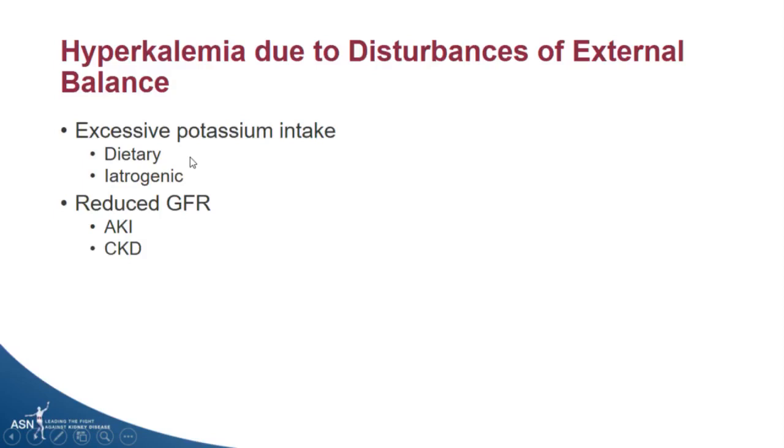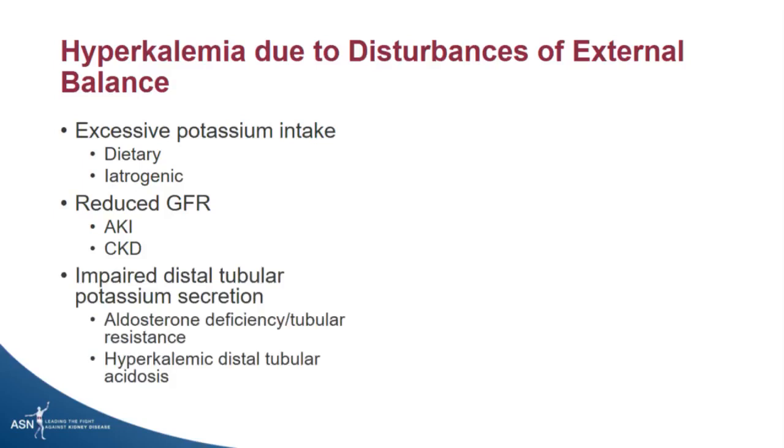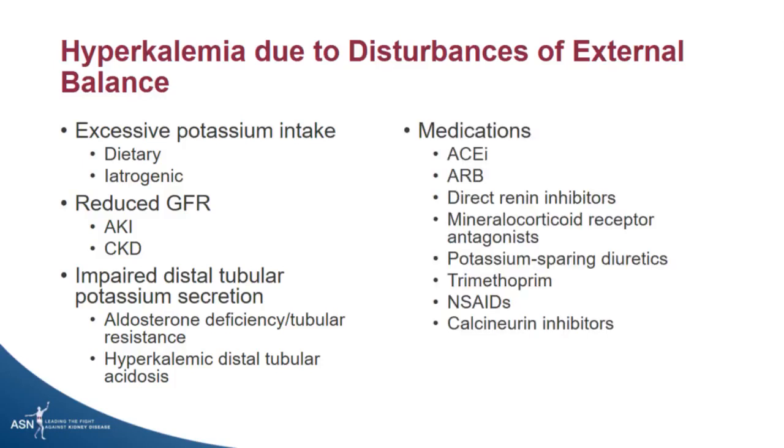Reduced excretion may be due to reduced GFR, such as in acute kidney injury or patients with advanced chronic kidney disease. More commonly, we see issues related to impaired distal tubular potassium secretion, such as patients who have aldosterone deficiency or tubular resistance, and in patients who have hyperkalemic distal tubular acidoses.